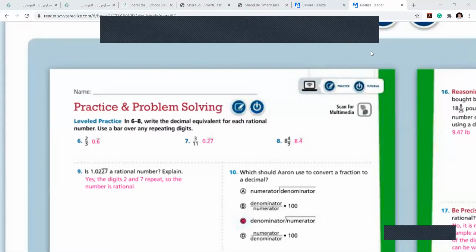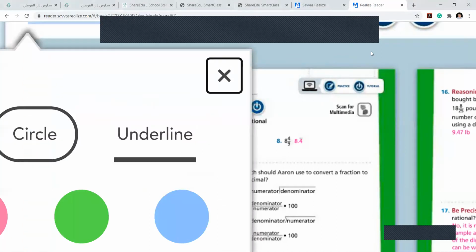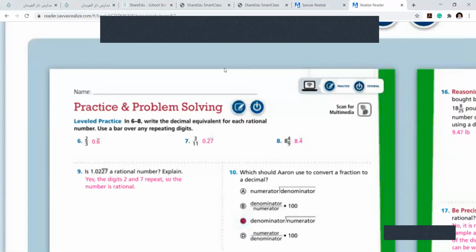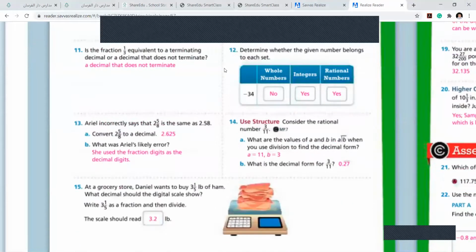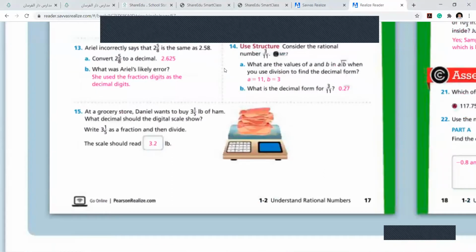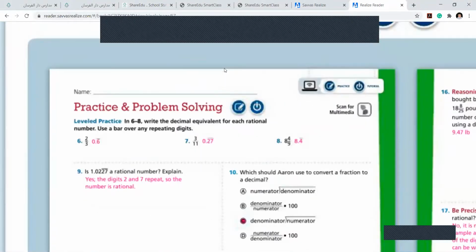So girls, as you know, we are seeing whether our number is rational or irrational by dividing and getting a decimal answer, and later seeing that if the remainder is 0, it's called which decimal? If the remainder is 0, it is called a terminating decimal.